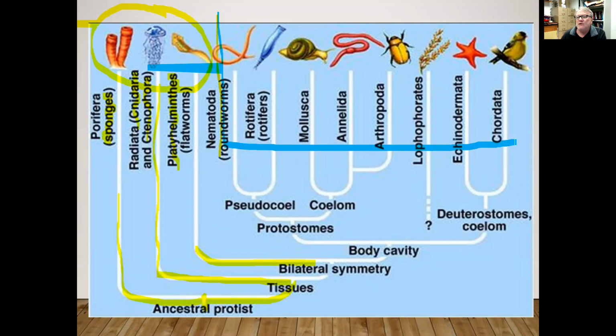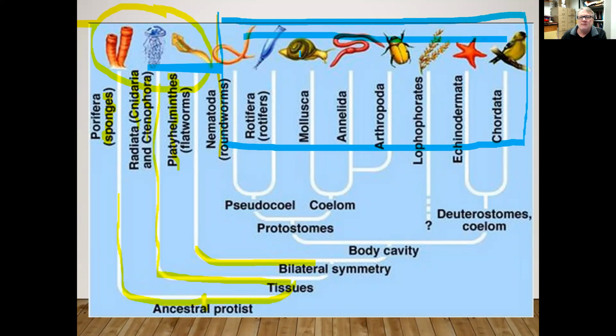All of these organisms, from the chordates, which would include us, of course, all the vertebrates, the mammals, the insects, lophotrochozoa, echinoderms, so the sea stars, annelids, mollusks, rotifers, all of these organisms in here all have complete digestive tracts. So what do they link to? They all have body cavities. They're either coelomate or pseudocoelomate.